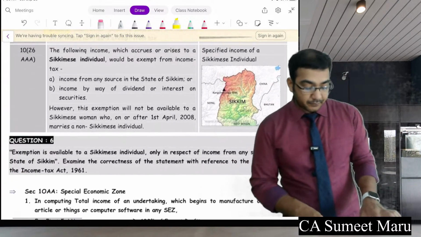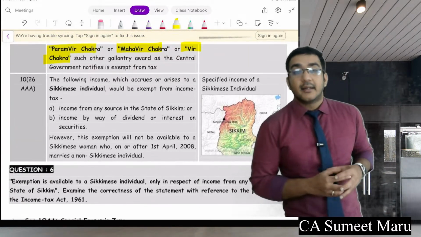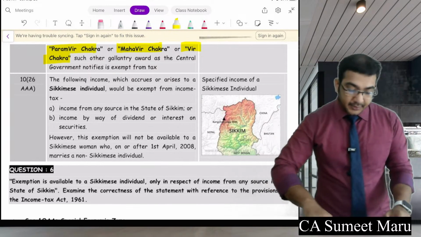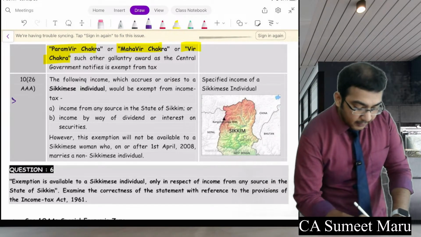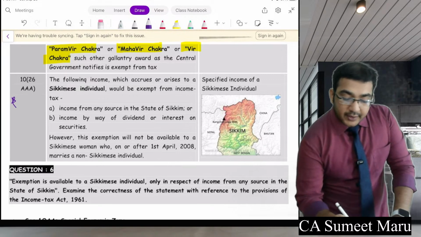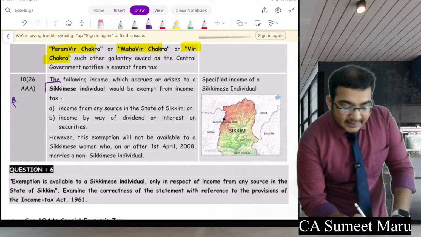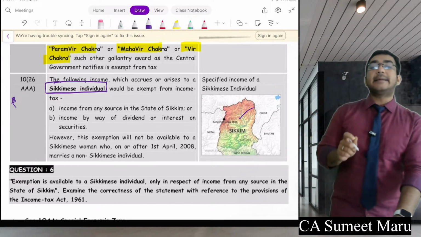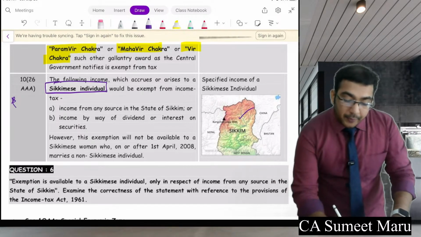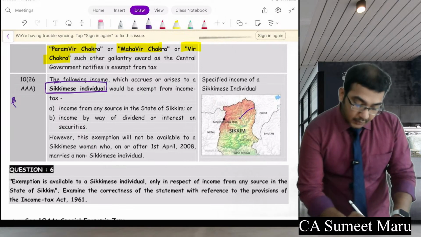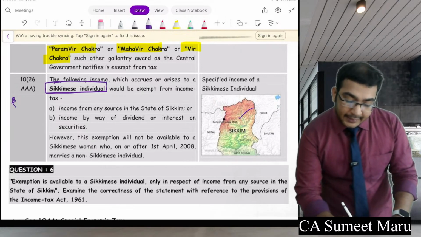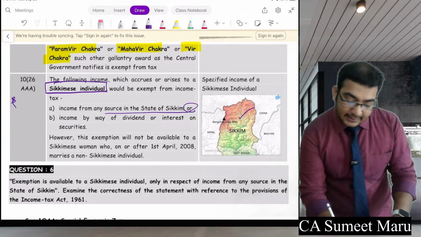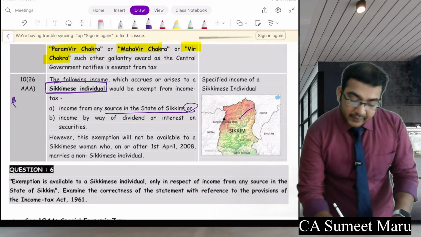Further, and last, second, any income. See, pay attention here. It is also very interesting. The following income which accrues or arises for a Sikkimese individual, the person living in Sikkim, okay, would be exempt from income tax: if the income from any source in the state of Sikkim, or income by way of dividend and interest.